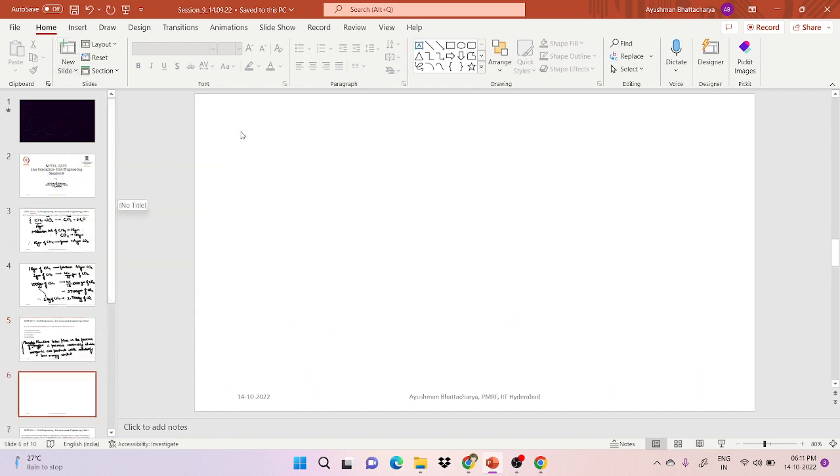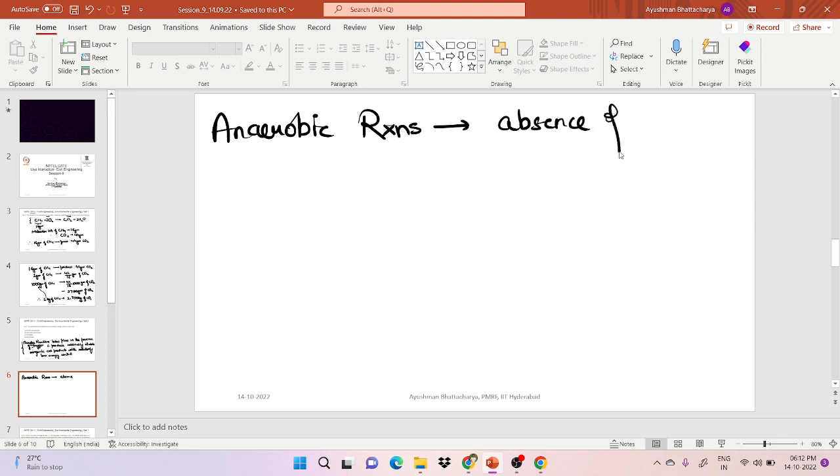Now second, anaerobic reactions. Anaerobic reactions occur in the absence of free oxygen.